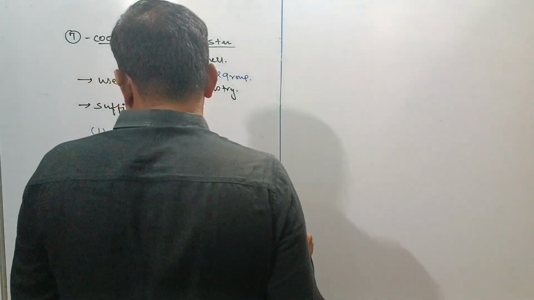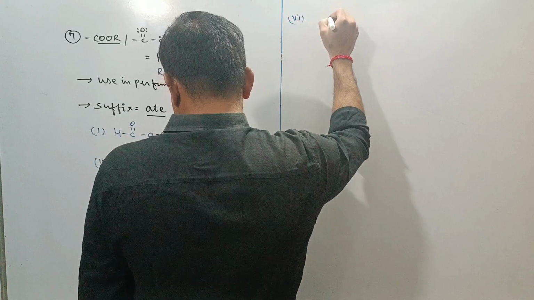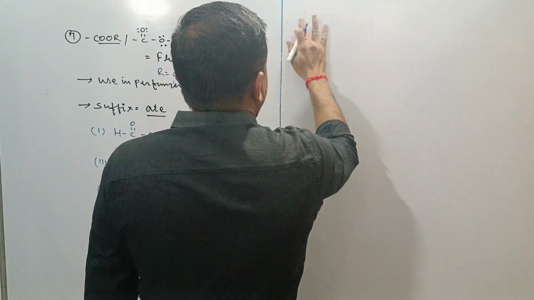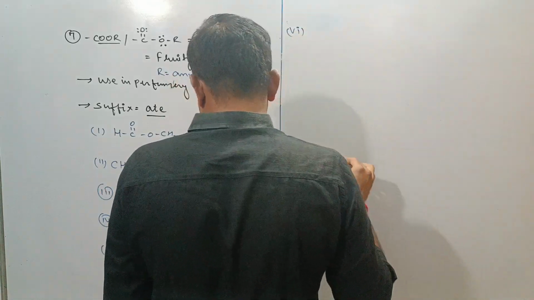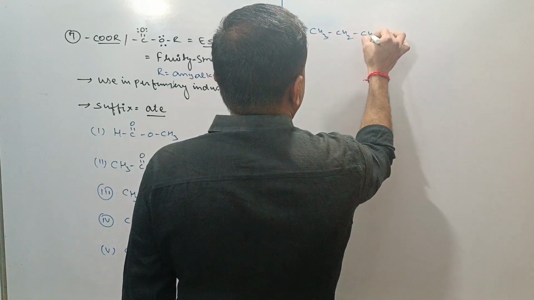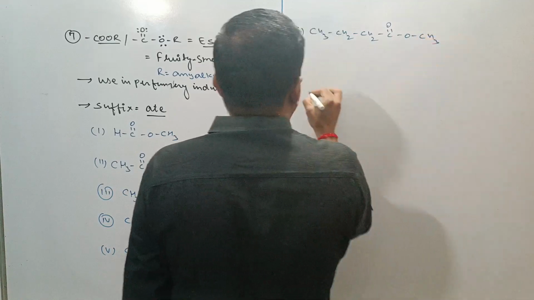Now the sixth compound, you can take CH3CH2CH2COOCH3. The seventh compound is CH3CHCH3COOCH2CH3.